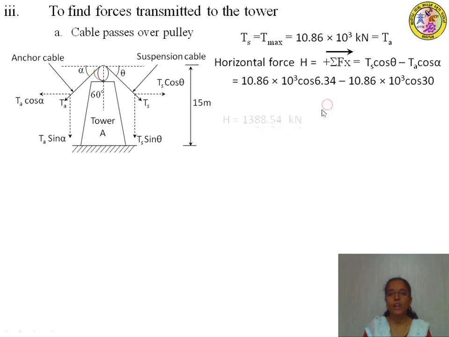So if you simplify it, H will be equal to 1388.54 kilonewton. Positive means it is acting in the positive x direction. Next we will find vertical force V.